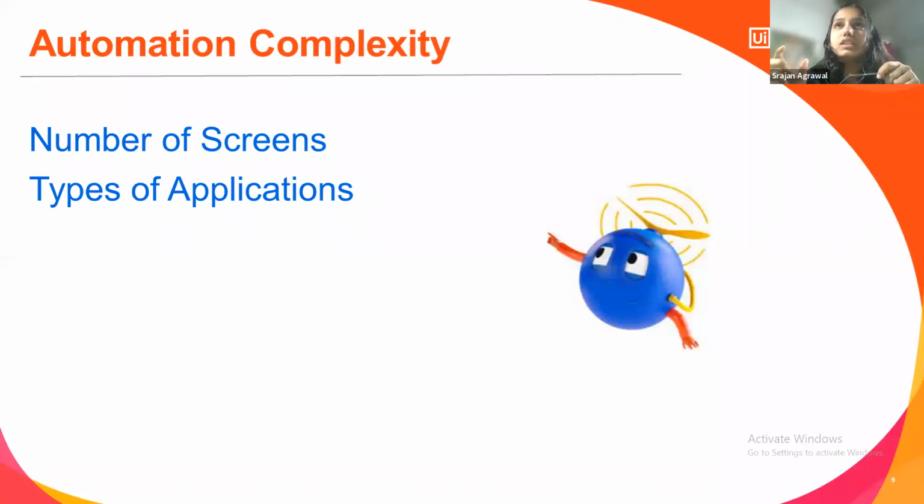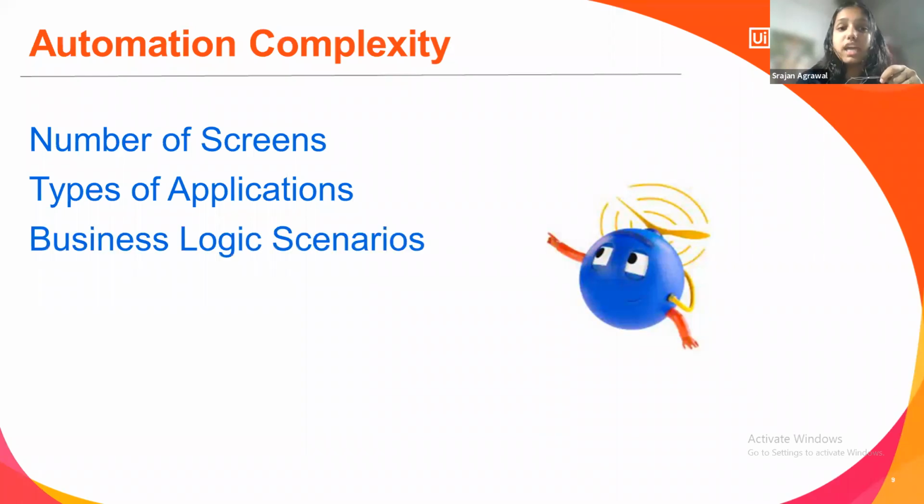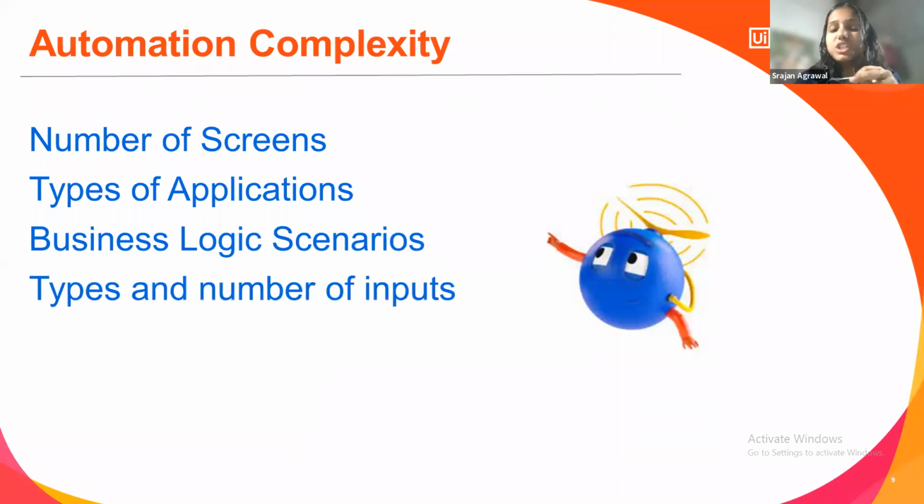So these are the types of applications you are using to build that particular automation. Business logic scenario types. I will not give much time on these topics because I'm coming to the main one, which is debugging. Then types and number of inputs: how many inputs are there in your process?